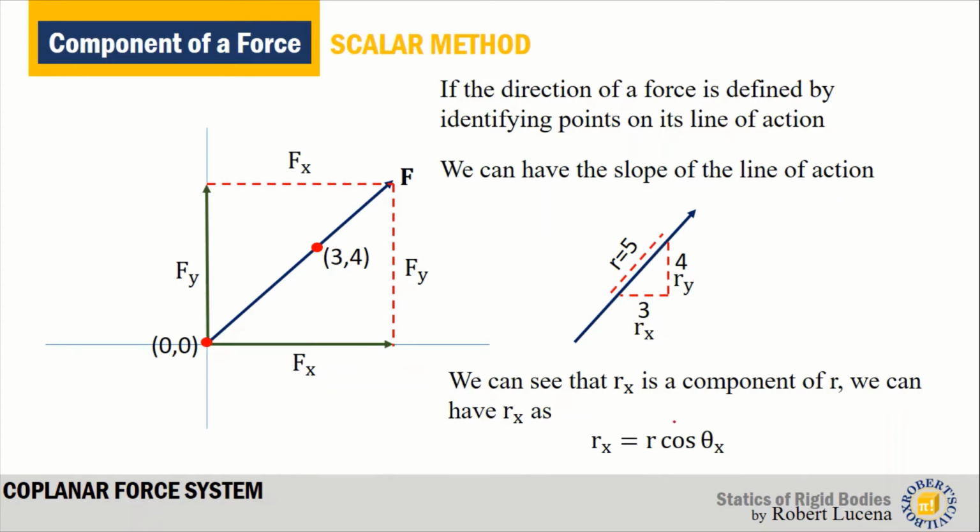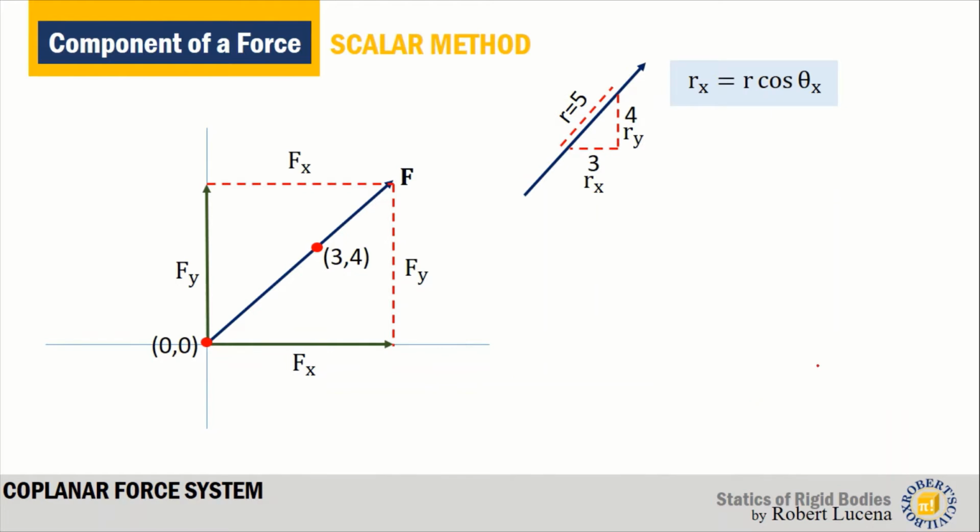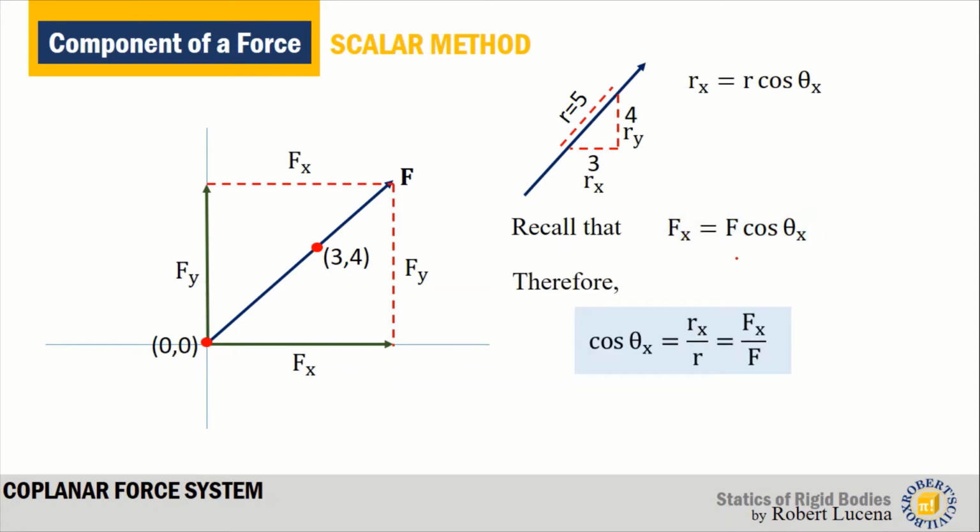From trigonometry, we can say that Rx is equal to R cosine theta x. Also recall that we discussed a while ago that Fx is equal to F cosine theta x. Therefore, we could solve for cosine theta x.